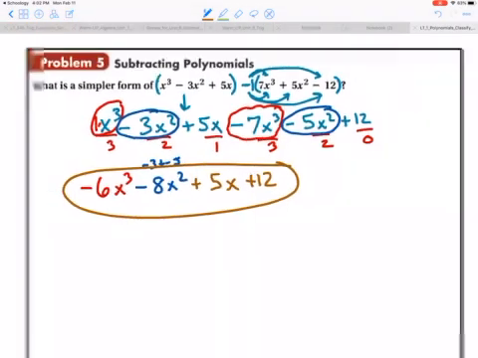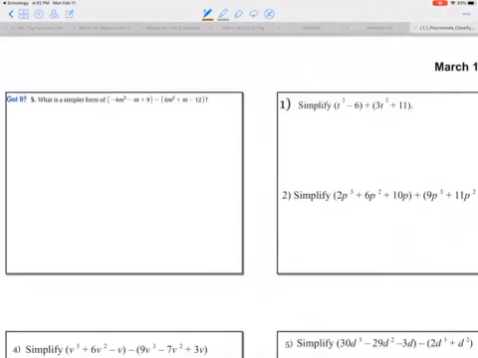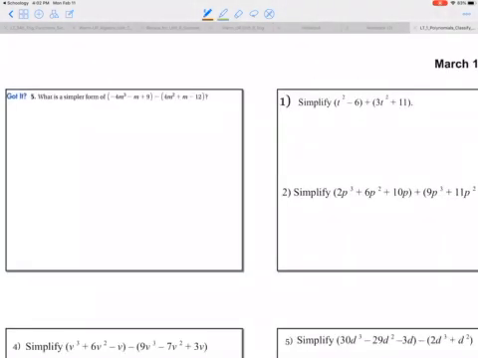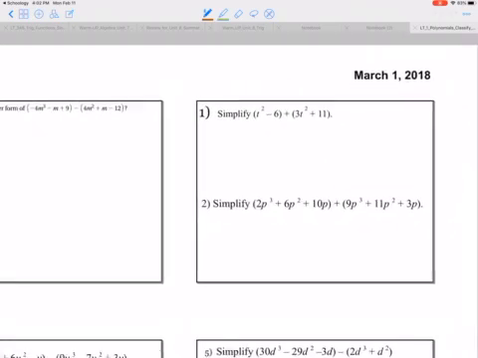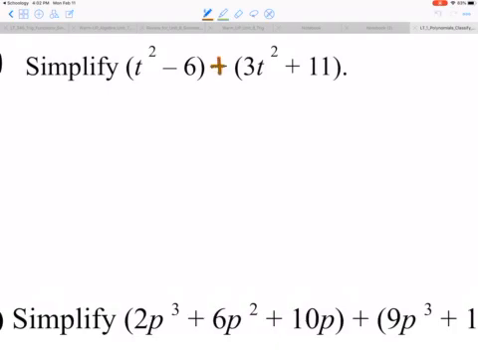When you're doing an addition problem with polynomials, I'm going to skip to this next one over here. It is simply adding your like terms. So here I'm adding these two polynomials. So I really have t squared minus 6 plus 3t squared plus 11.